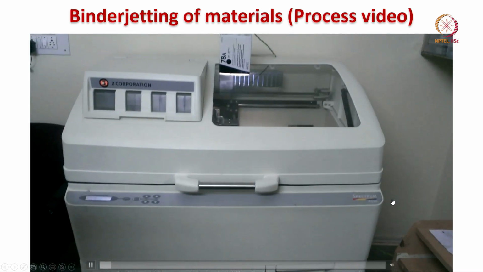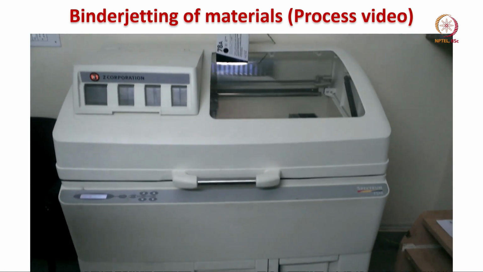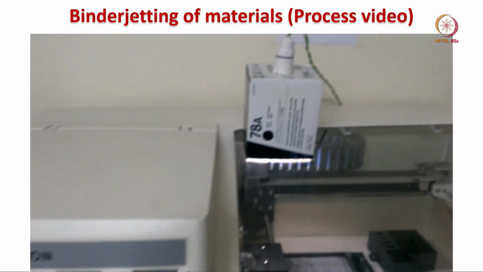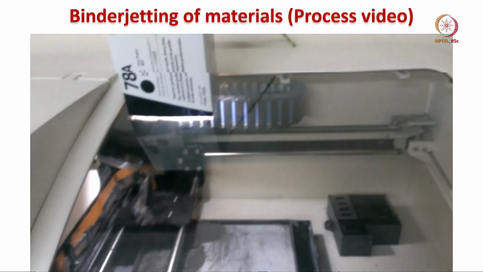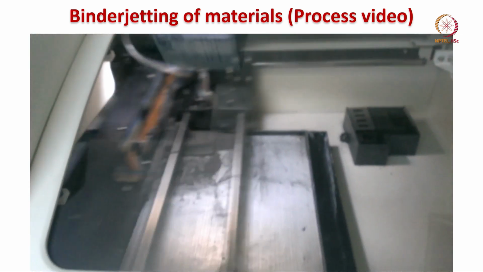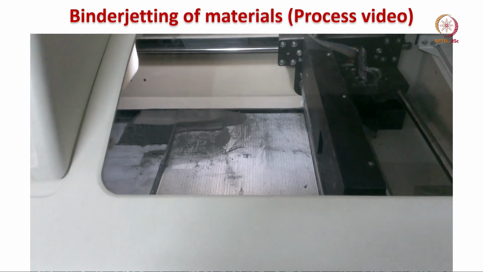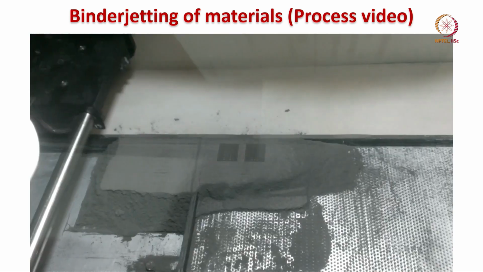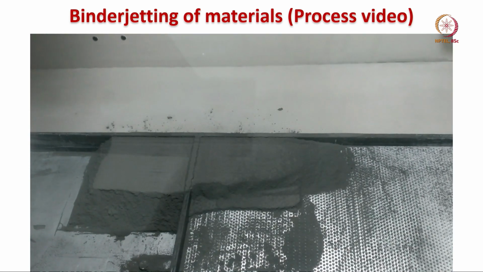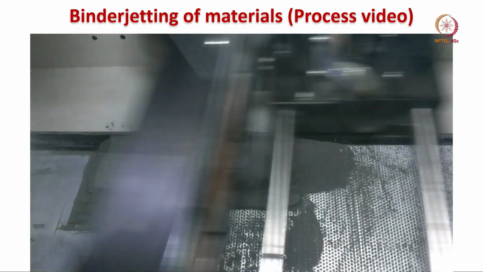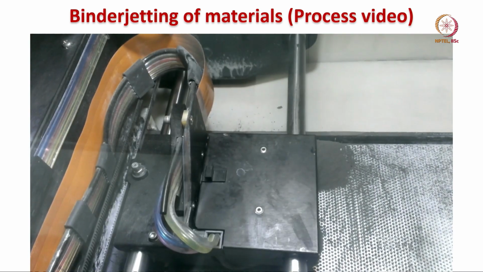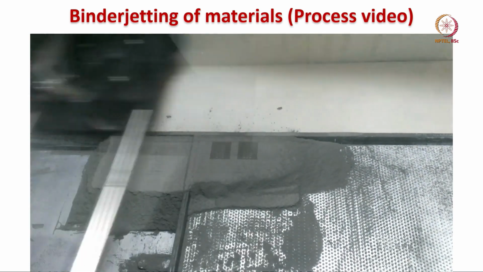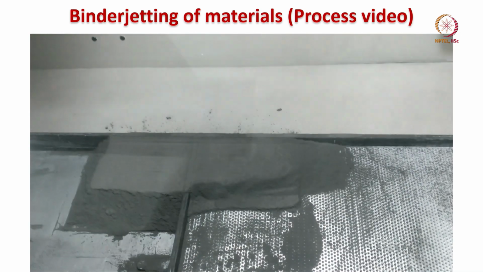So, this is the binder jet 3D printing process, and this particular machine was used extensively in my research group at the Indian Institute of Science. What you see here is titanium 6 aluminum 4 vanadium powder printing. We are printing simple compression samples or some other structures with gradient porosity.